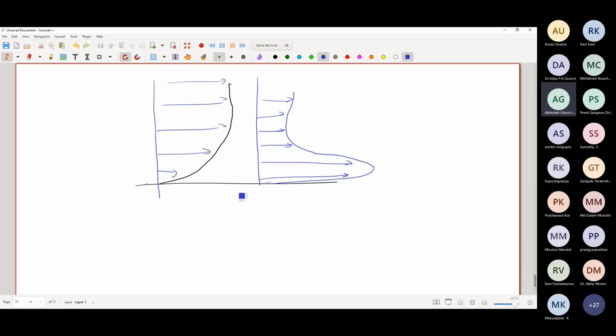In which case will the wall shear stress be higher? Right hand side. The second velocity profile will have a higher wall shear stress because the slope of velocity is very high in the second case. It's a very steep velocity gradient.